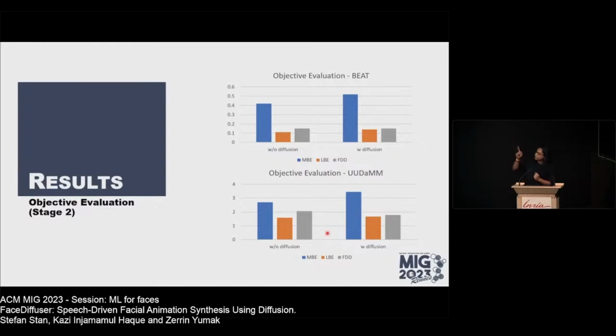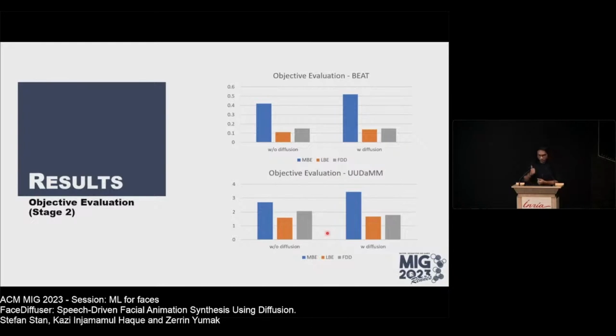The without-diffusion model is identical to our proposed model, but without the diffusion mechanism. We again used the same metrics, but for the blend shapes or control values: mean blend shape error, lip blend shape error, and the FDD.